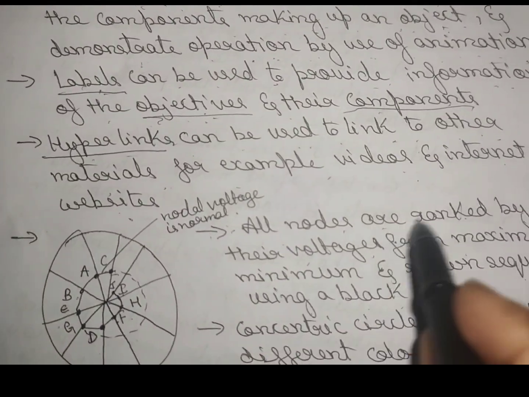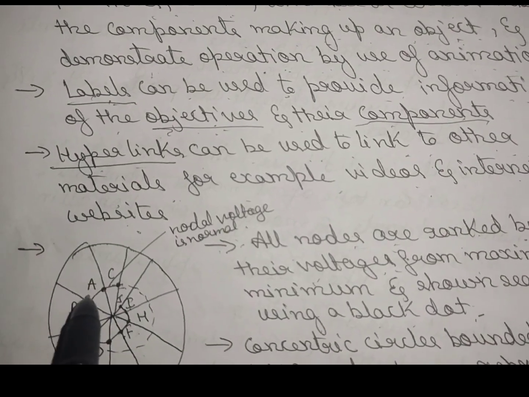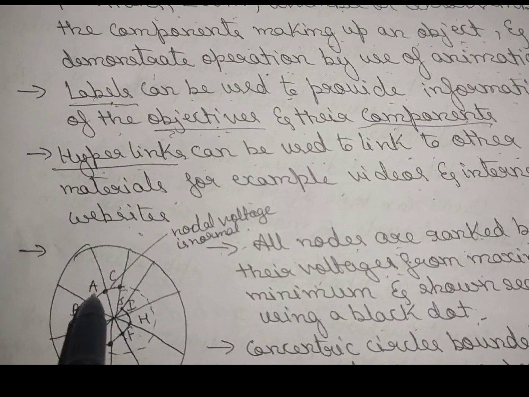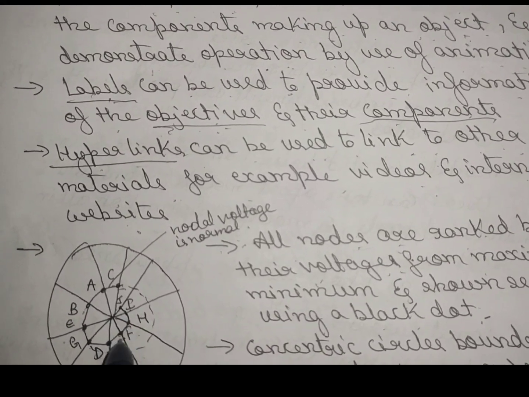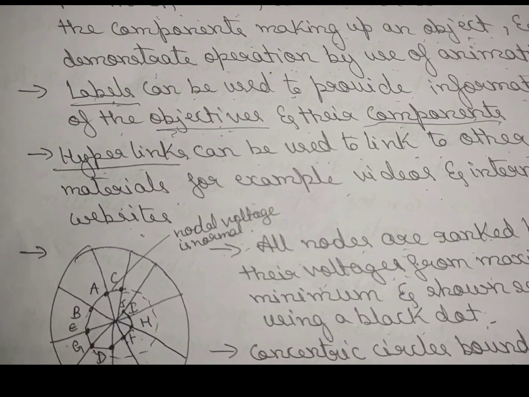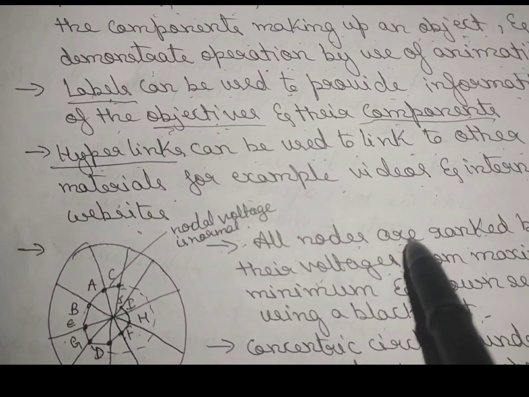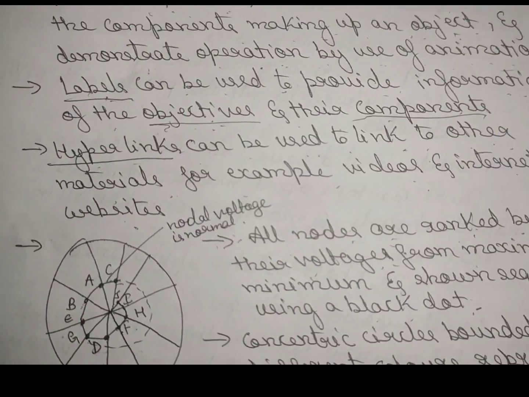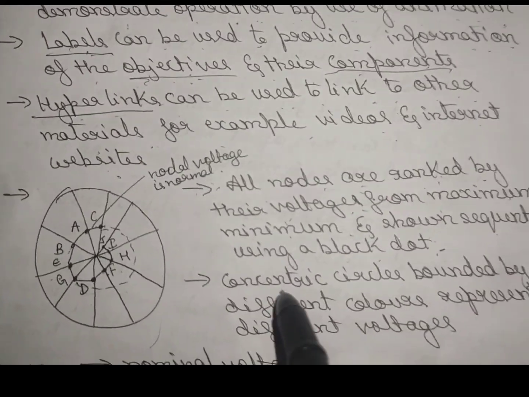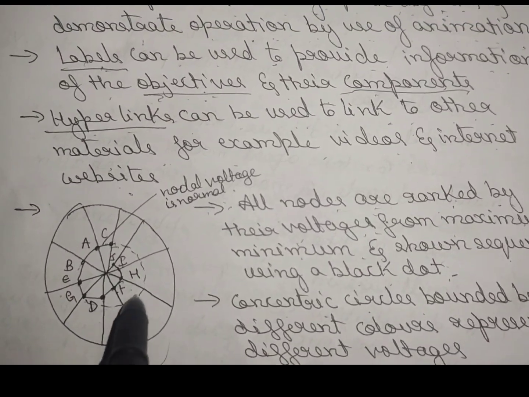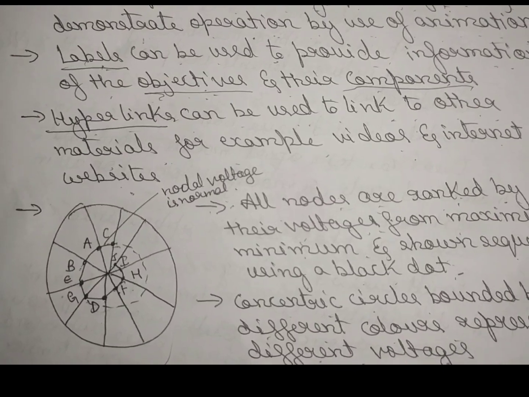Depending upon the voltage, they have ranked the nodes A, B, E, G, D, F, H, I, J. Depending upon the voltage levels, they are ranked from maximum to minimum and shown sequentially using a black dot.